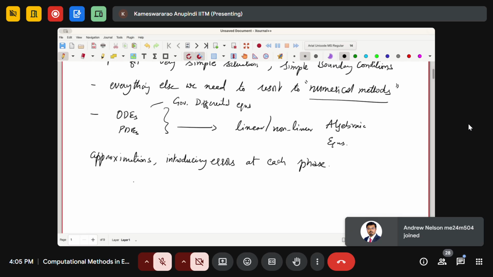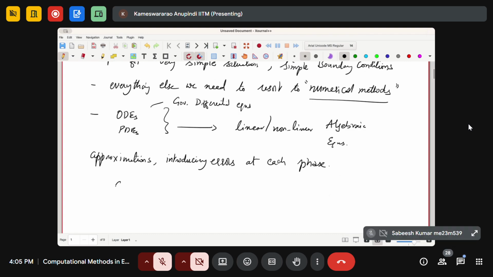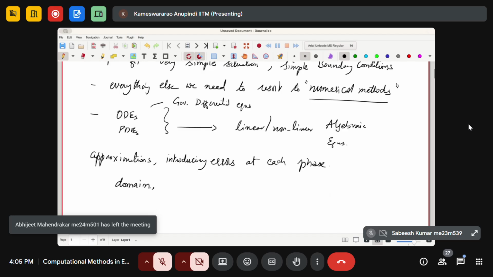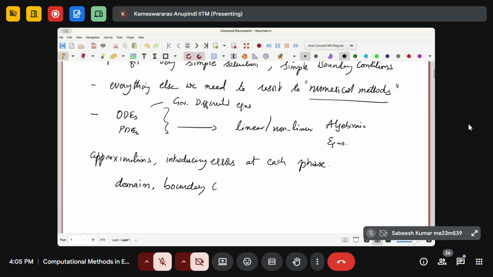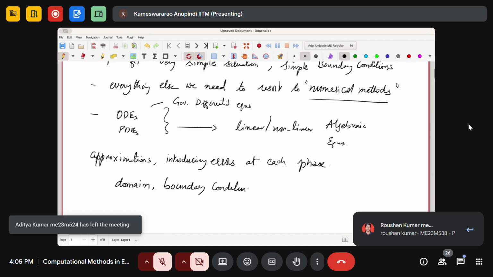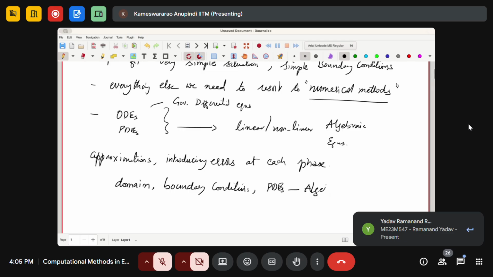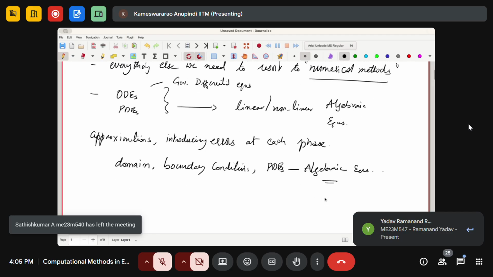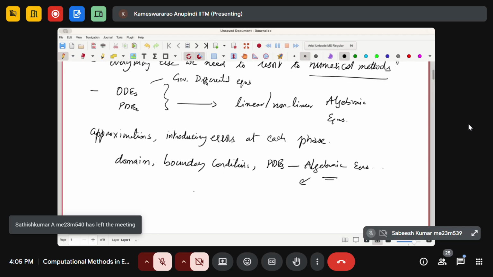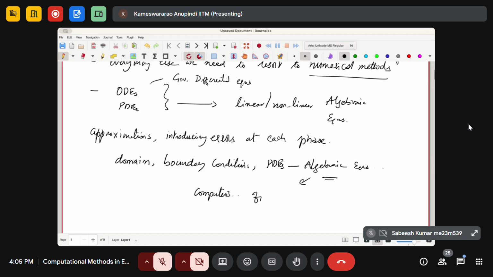That means we are going to introduce errors in terms of identifying the domain, in terms of applying the boundary conditions, and in terms of converting the partial differential equations into algebraic equations, right? And eventually, in the solution of algebraic equations also, as we are going to use computers which have only a finite precision.